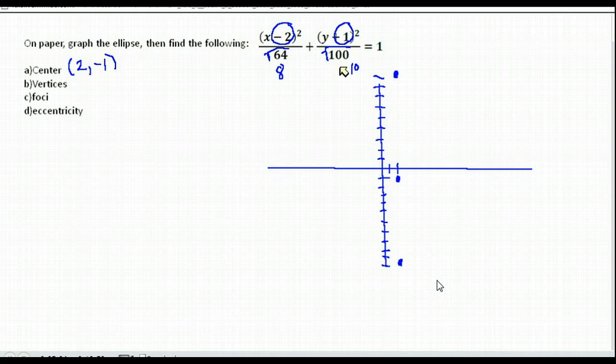Again, I didn't draw a real square on my graph. So where are my vertices? Notice the x value didn't change, only the y value did, since this was a vertical ellipse. Okay, so it was a distance of 10, so if I do negative 1 plus 10, I get 9, the point (2, 9). If I do negative 1 minus 10, I get negative 11, the point (2, -11).